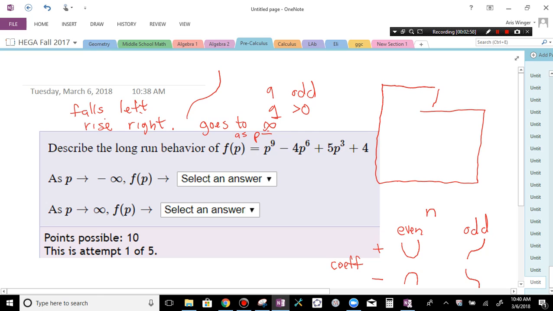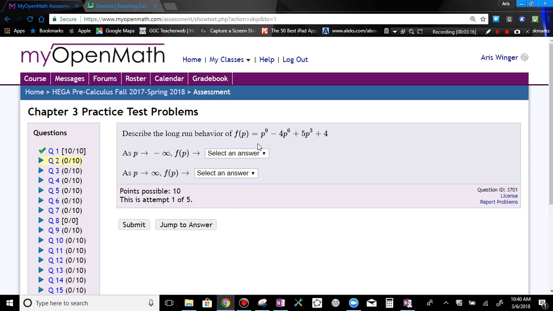If it falls left, it means that as p tends to negative infinity, the function tends to negative infinity. And those should be the choices. So as p tends to minus infinity, you're moving to the left. As you move to the left, it should go to minus infinity. As you move to the right, it should go to plus infinity. I'll take questions there.